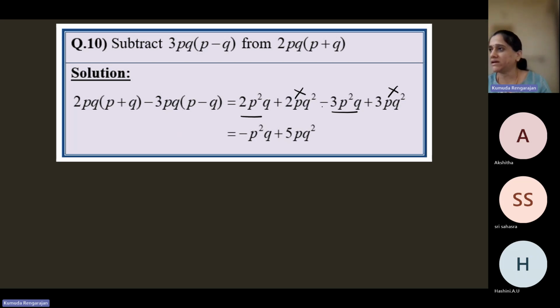When you add or subtract, you only calculate the numerical coefficients. The literal factors will just come as they are. So 2 minus 3 is minus 1, so minus 1 p square q, or minus p square q. 2 plus 3, 5.